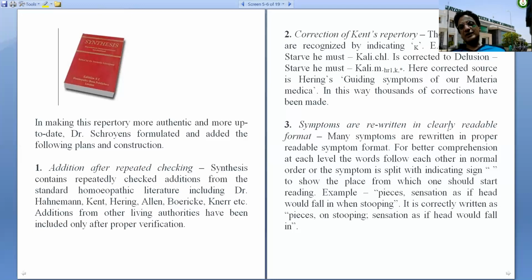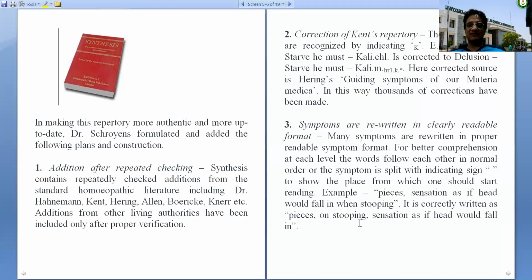Symptoms are rewritten in clearly readable format. For example, pieces, sensation as if head would fall in when stooping. It is correctly written as pieces on stooping, sensation as if head would fall in. That means sensation as if head would fall in pieces on stooping.